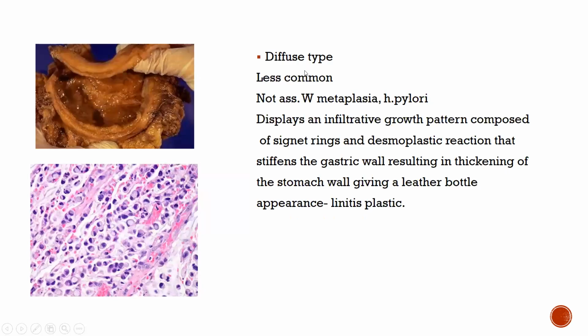Okay, let's go to the diffuse type. This one we said is the less common type. It's not associated with H. pylori or nitrosamines, okay? But histologically, what we have here is an infiltrative growth pattern.